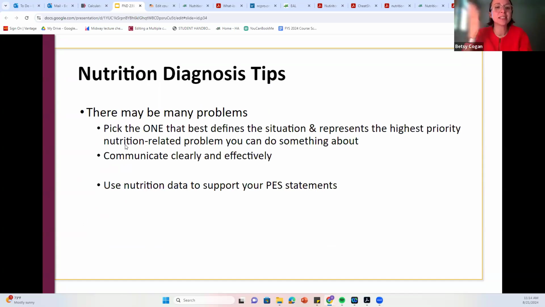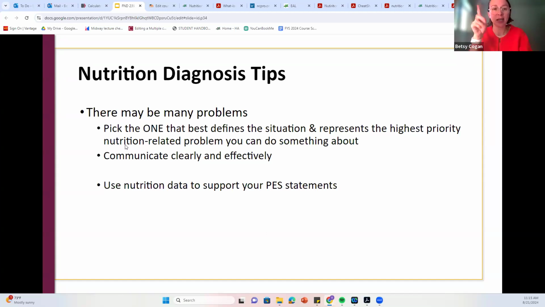So diagnosis tips, right? How do we do this? So again, people are complex. Typically, there's going to be more than one problem. But again, we want to be picking the one that is most pressing, most important, which is highest priority nutrition-related problem.